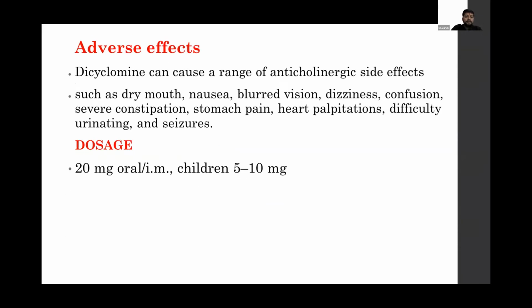Adverse effects of dicyclomine are anticholinergic side effects such as dry mouth, nausea, blurred vision, dizziness, confusion, severe constipation, stomach pain, heart palpitation, difficulty in urination and seizures. Normal dosage for dicyclomine is 20 milligrams oral or IM, and in children it can be used as 5 to 10 milligrams.